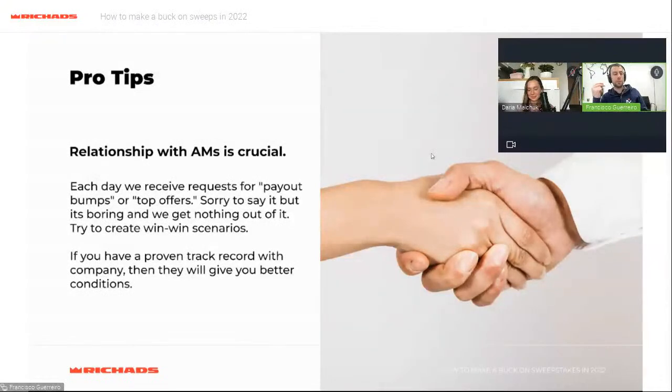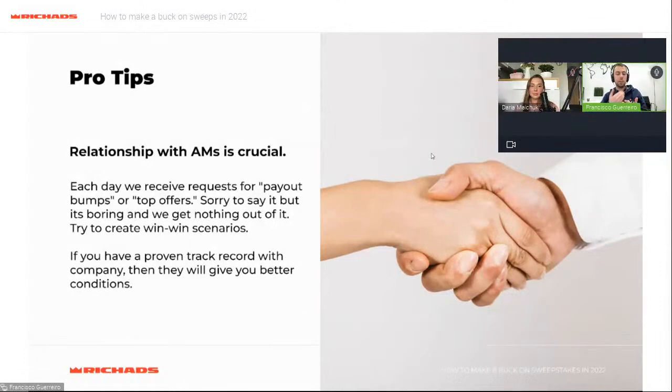He will try to convince the financial department to pay you even faster than the normal conditions. He will be your bodyguard inside the company. So having a good relationship with an account manager is absolutely crucial because this guy is going to be your face inside the company.